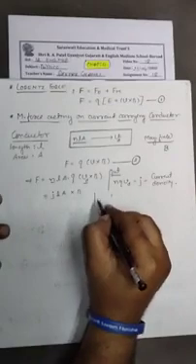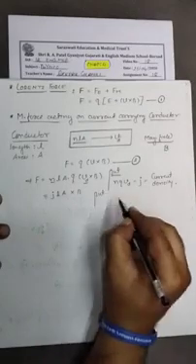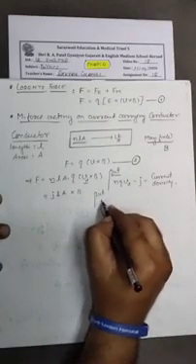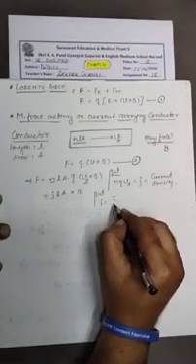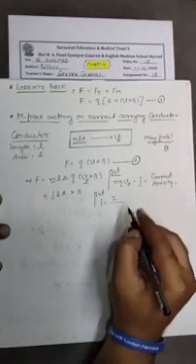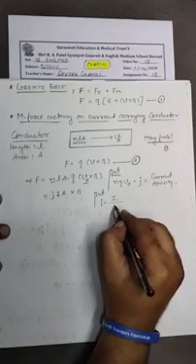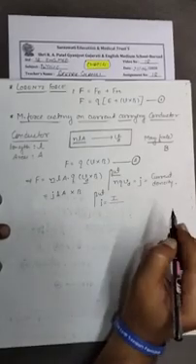But what is J? According to the definition, it is the electric current passing perpendicular to the unit area of a conductor.